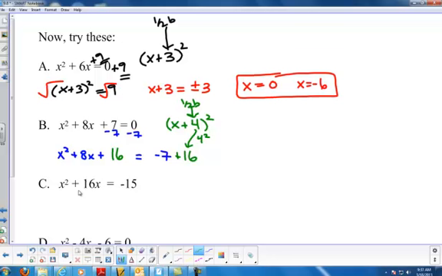So on the left here, I have my x plus 4, and on the right, I have 9. Then you're going to square root both sides. So you have x plus 4 equals positive or negative 3. And when you subtract 4 from positive 3, you get negative 1. When you subtract 4 from negative 3, you get negative 7.